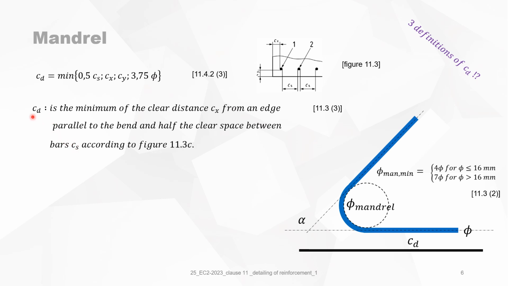But the problem here is this CD is only defined for Cx and 0.5 CS, not for Cy and not for 3.75 phi. So that's a different definition.